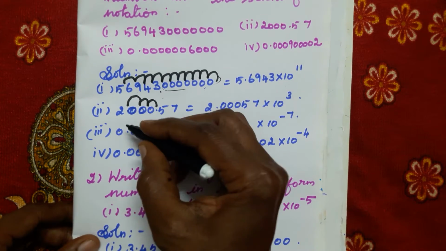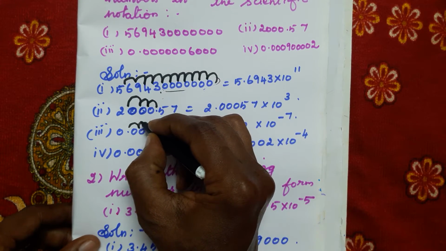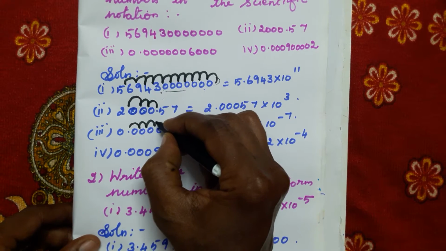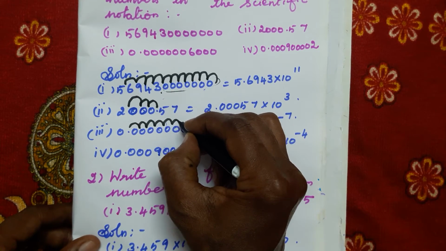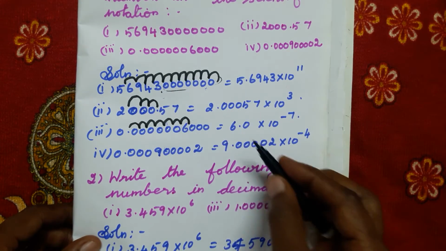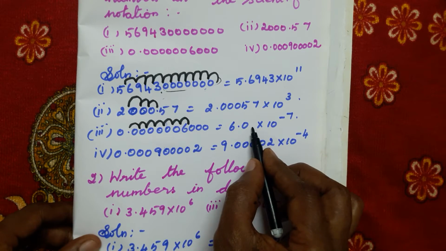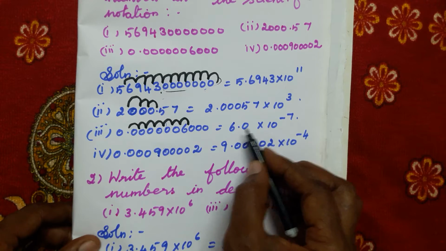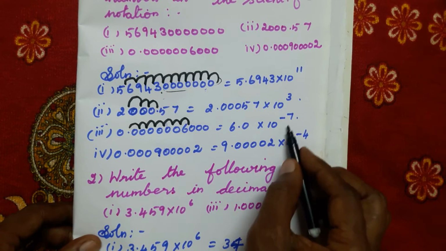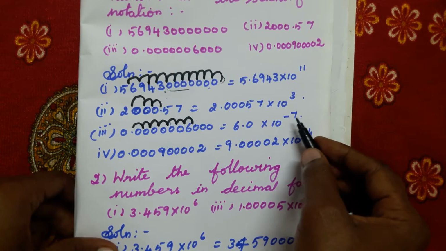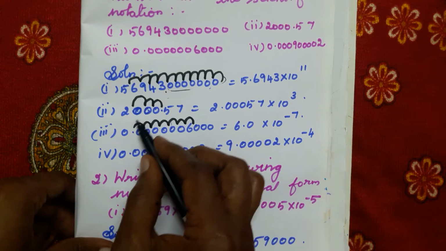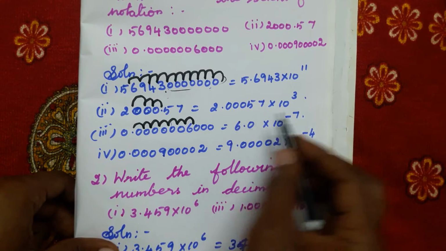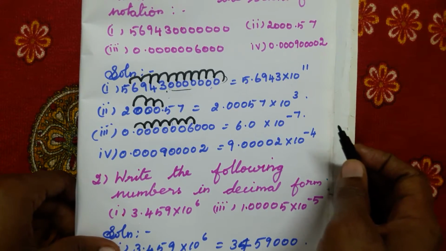How many digits? 1, 2, 3, 4, 5, 6, 7 digits. So 6.0, or 6 also you can write, into 10 power minus 7. Why have I written minus 7? We moved the decimal point to the right side. So 10 power minus 7.